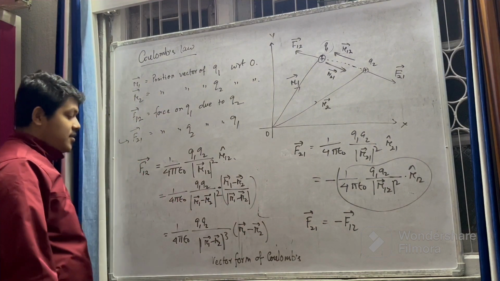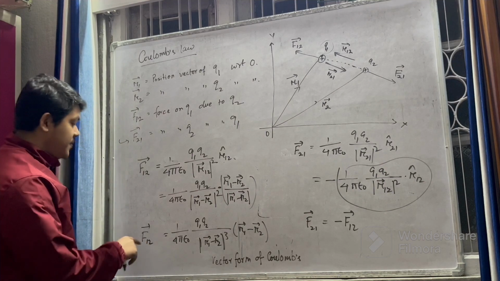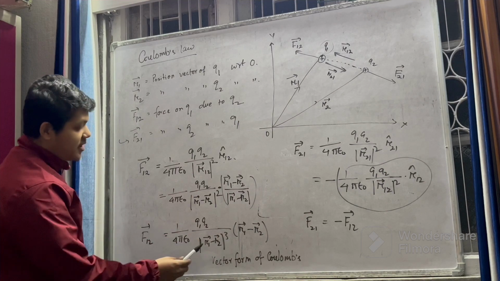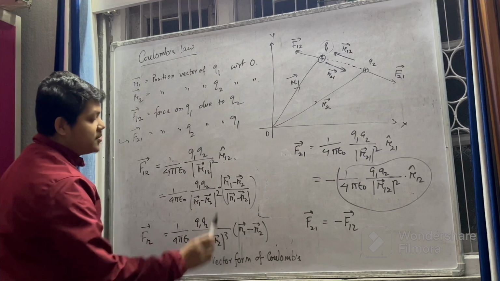So here you see, if F12 is equal to this, here we are getting R1 vector minus R2 vector whole cube, and here R1 minus R2.